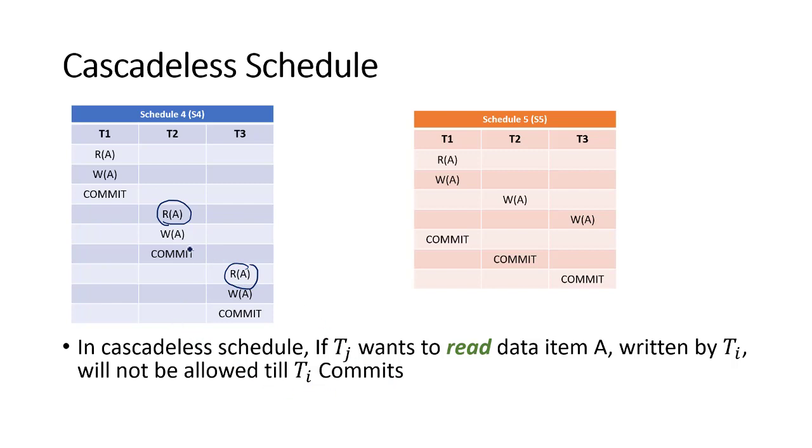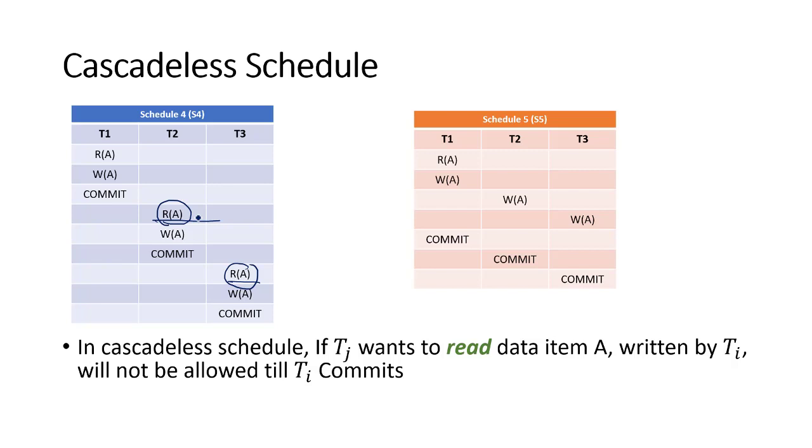So as T2 is committed, then I am going to allow this operation. If T1 is committed, then I am going to allow this operation to make the schedule a cascadeless schedule.